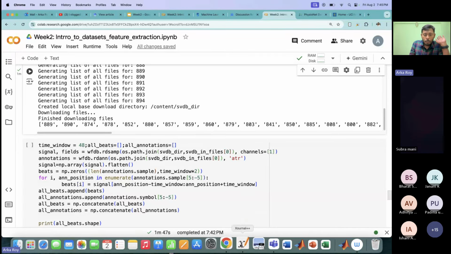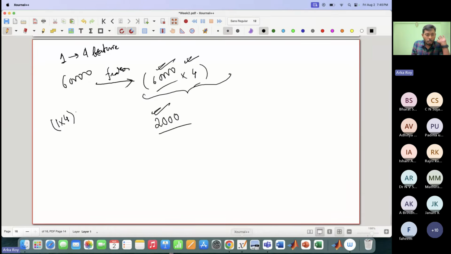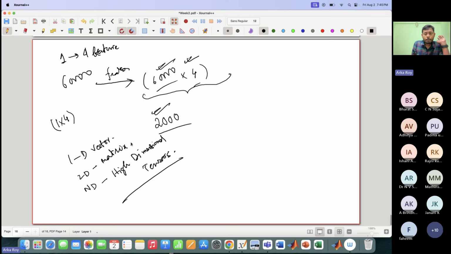Generally, the notion is that 1D is called a vector, 2D data is called a matrix, and if you go beyond 2D, these are called high-dimensional tensors. But the data type is ndarray.